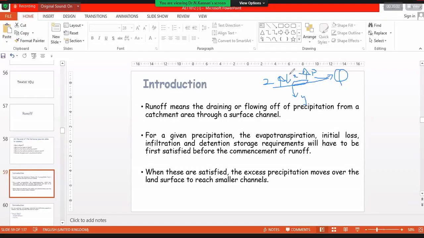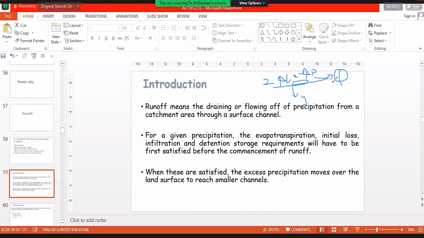Then if you are able to meet all these requirements through precipitation, that is through X, there is a possibility for you to have this Q, which is happening over the soil surface. You understood or not? Difficult? Understood, sir. Good. So this is runoff.